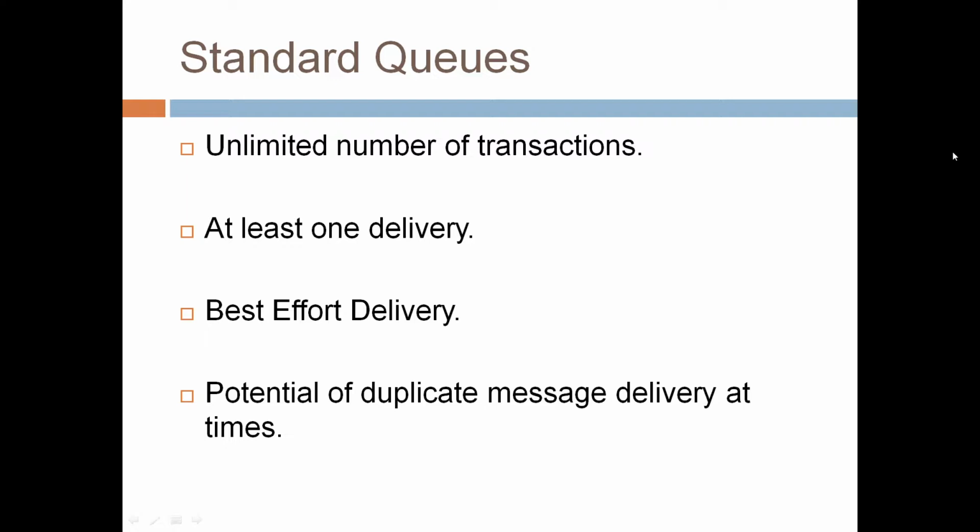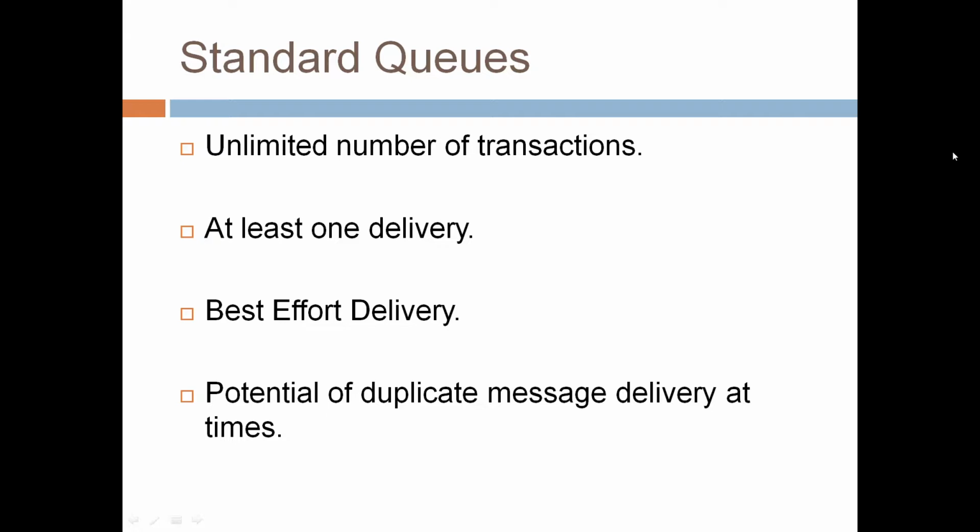But yes, at times it might not, and therefore duplicate message delivery can happen at some point in time. So your application has to be intelligent so as to not get corrupted or break because of a duplicate message.